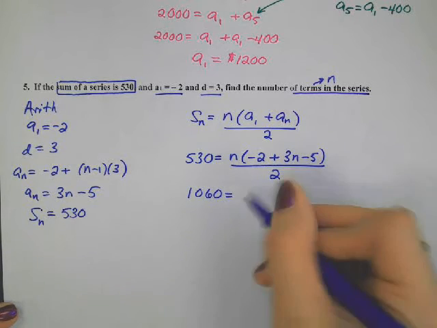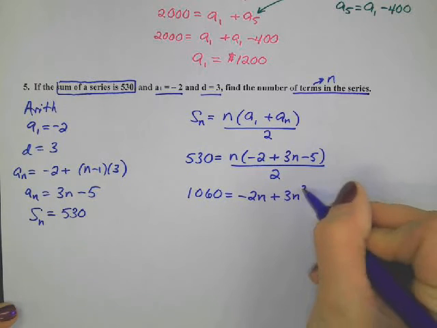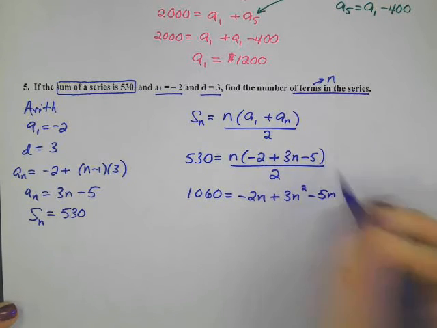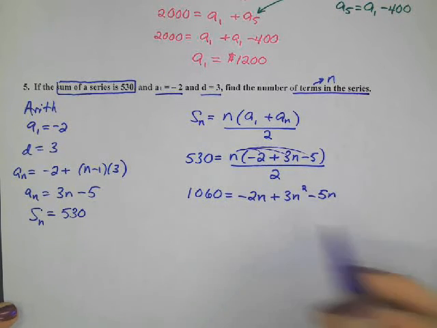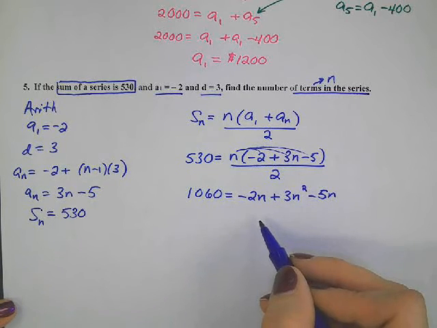This is going to be negative 2n plus 3n squared minus 5n. Distribute that in. A quadratic. To solve a quadratic, you got everything on one side.